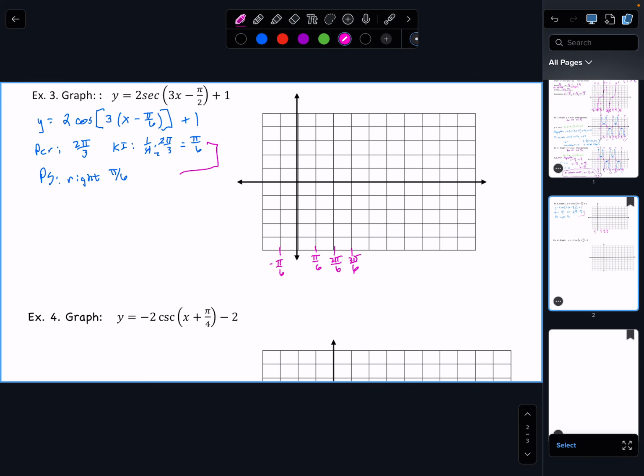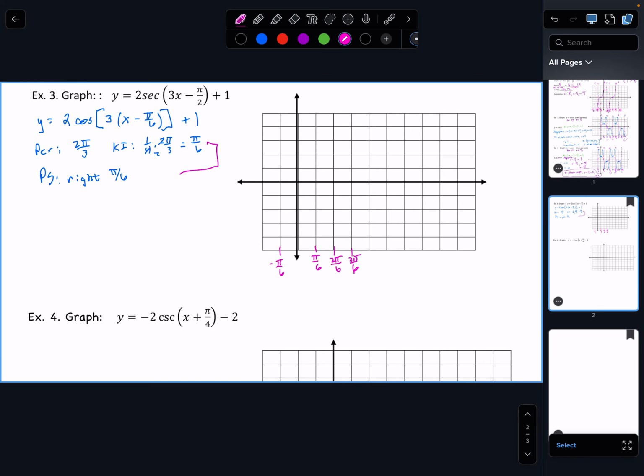And we have a new midline. My midline is y equals 1. And that's going to be important because that is acting as the x-axis, and we have to see where cosine touches that to know where our asymptotes are.